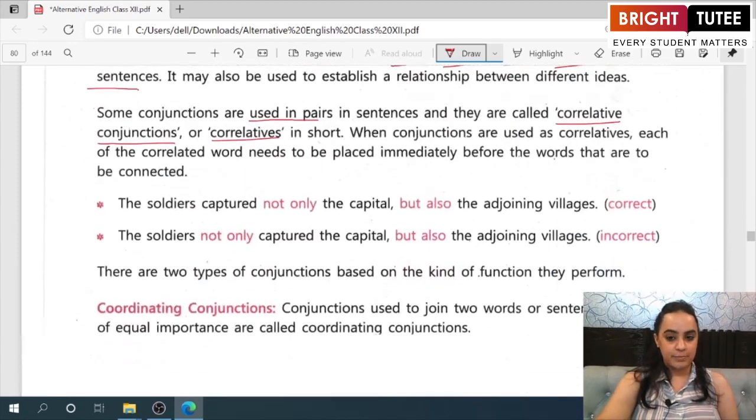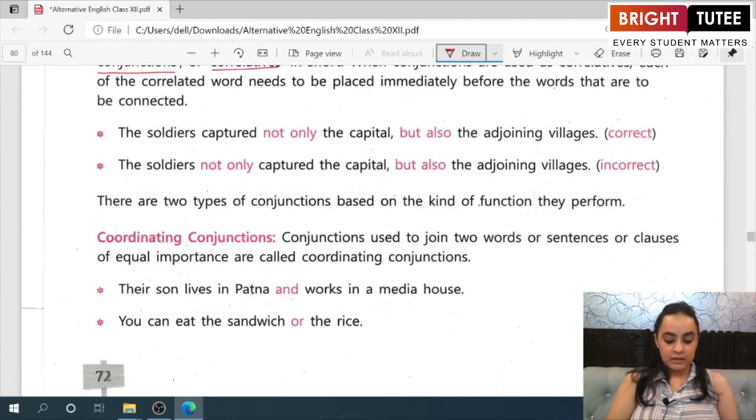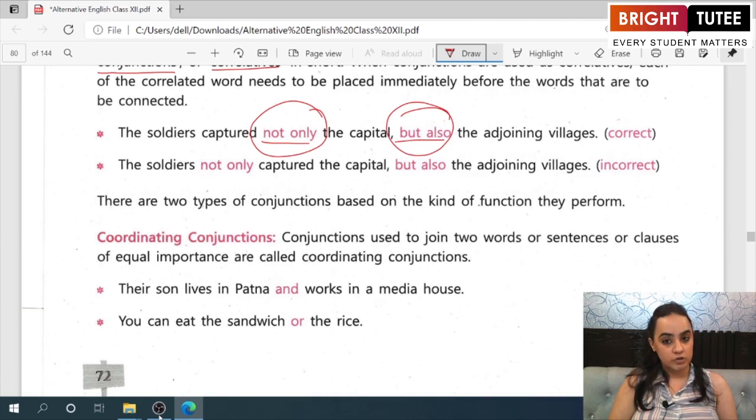For example, the soldiers captured not only the capital but also the adjoining villages. So, here not only and also are conjunctions. They are correlative conjunctions which join two words and are always used in pairs. They are always used together.